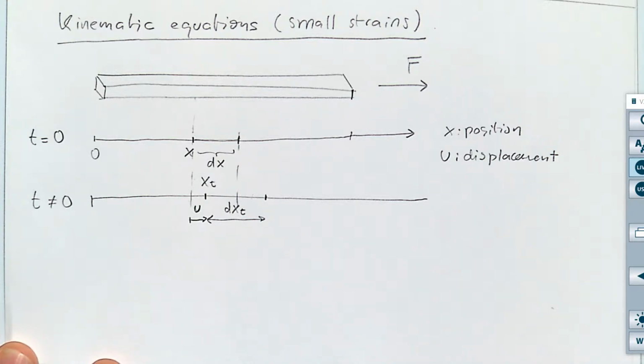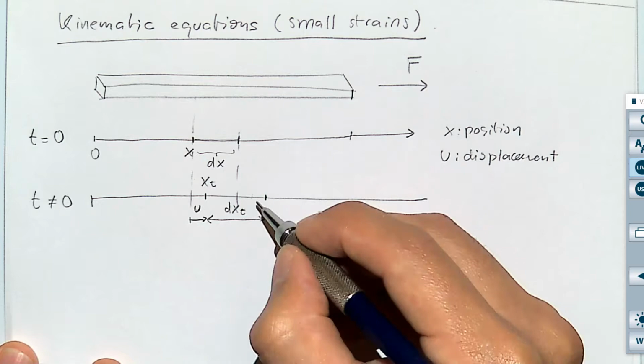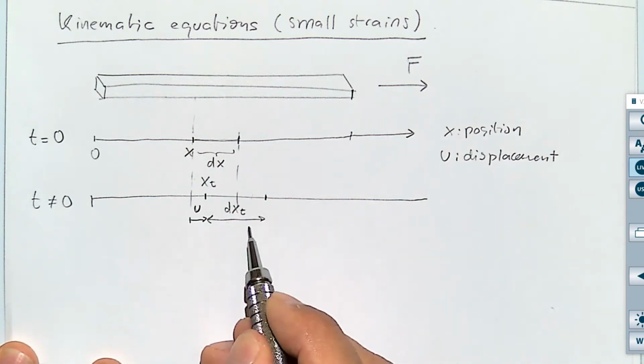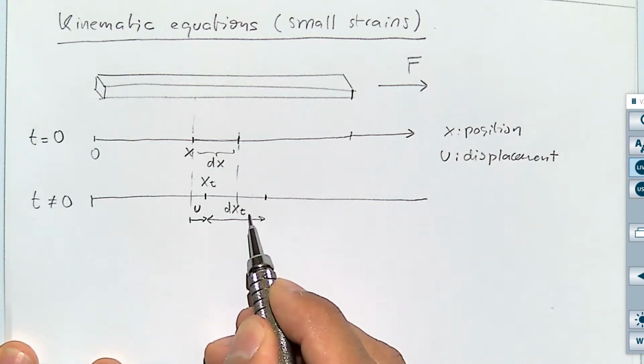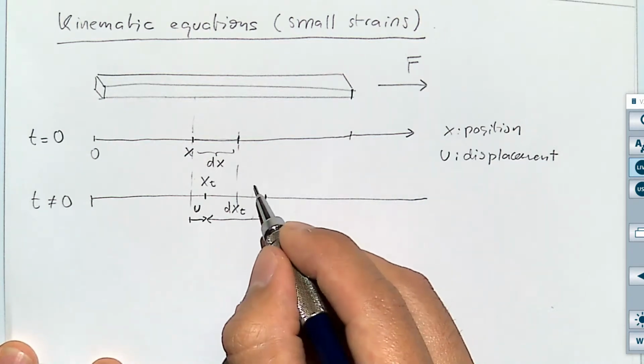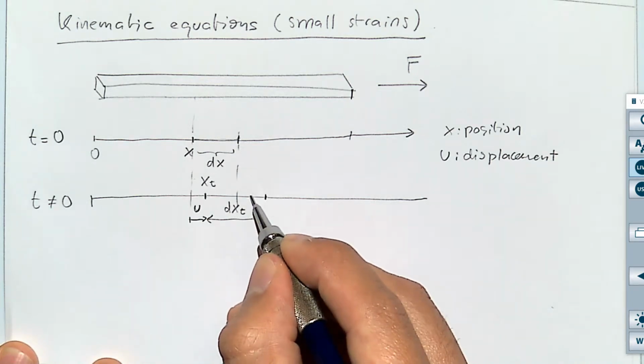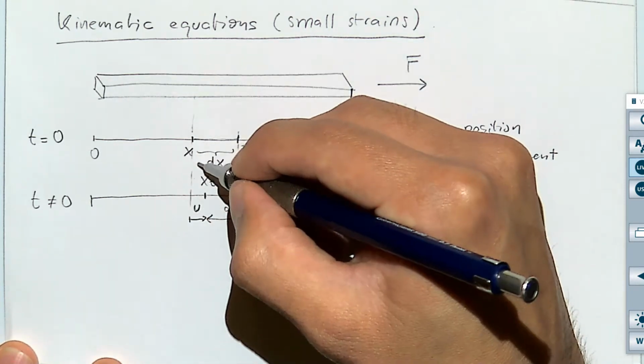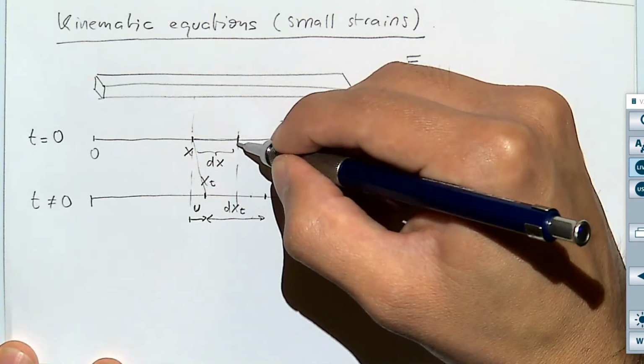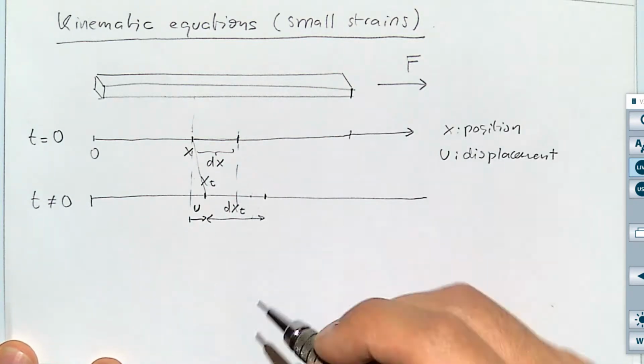And if I were to project the original length dx onto the new length, let's say from here to there, I'm going to throw a parallel line to this one.